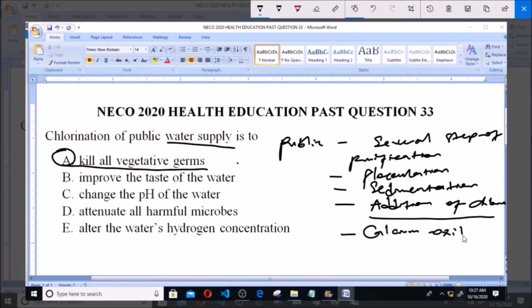This calcium oxide helps to neutralize the pH of the water, which is also to alter the water's hydrogen concentration or change the pH of the water. Then after that, other elements like fluorine and iodine can be added to improve the taste and quality of this water. But the purpose of chlorination is to kill vegetative germs, which is option A.